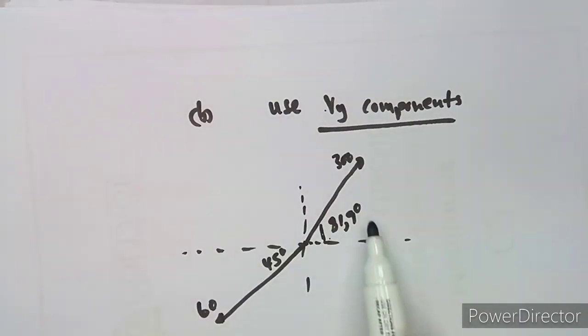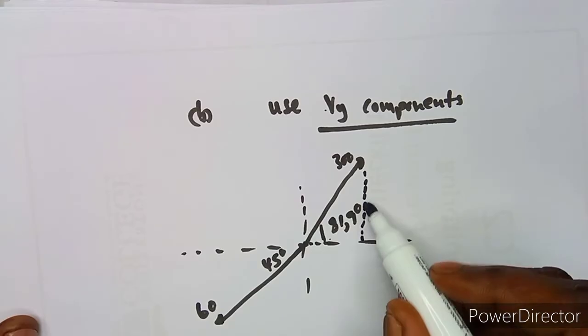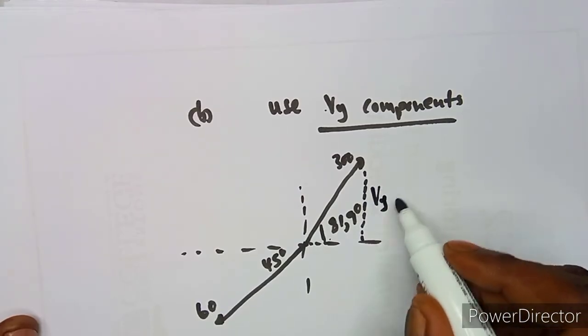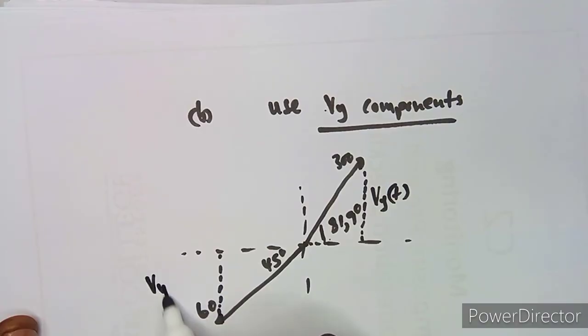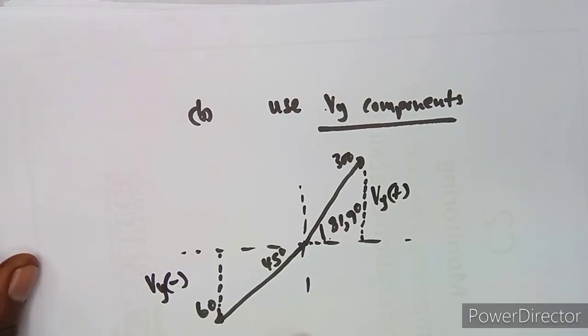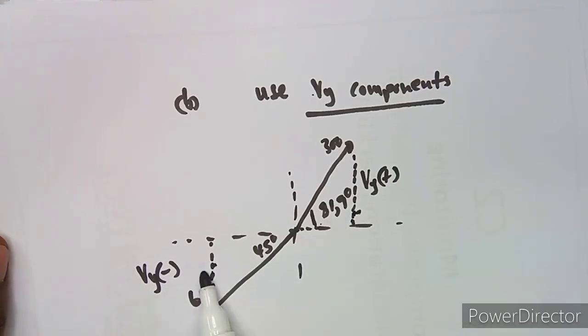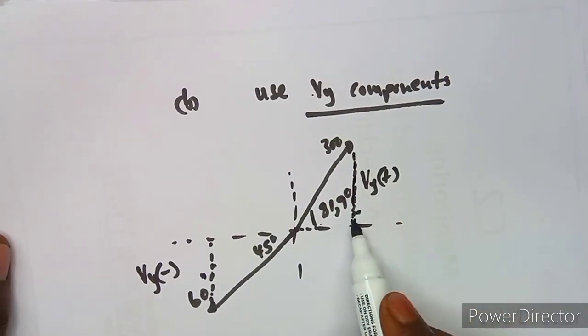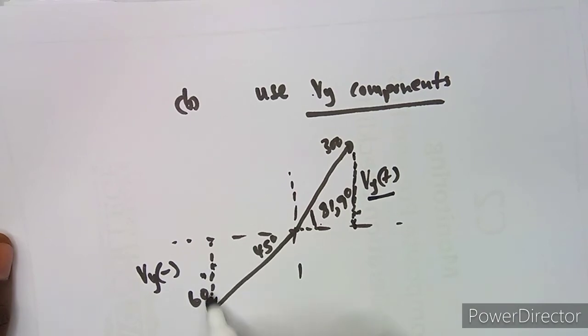So this will be your new diagram because you calculated the angle theta. Using the vertical components, you see that this one is positive, so this is Vy, which is positive, and this one is negative, so it's Vy, which is negative. The resultant velocity is the difference between these two.